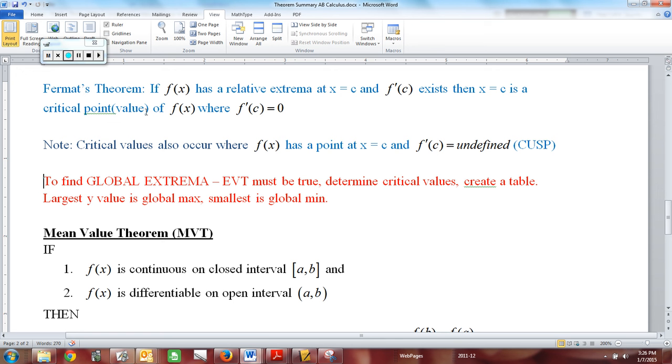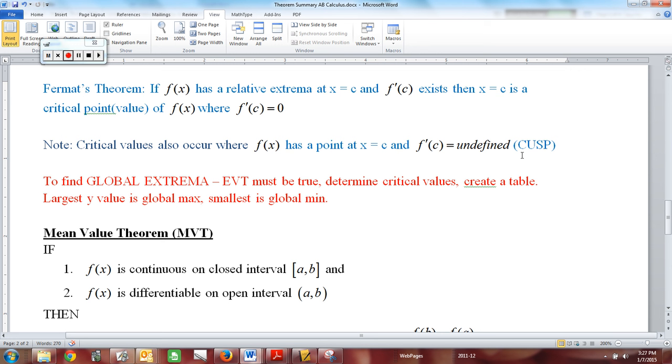In addition to Fermat's theorem, we will also have critical values that occur where the function has a point but the derivative is undefined, which is where we look for a cusp when we're doing EVT, because if you are continuous, you have a point that exists at x equal to c, but the derivative is undefined, then that would make it a cusp.